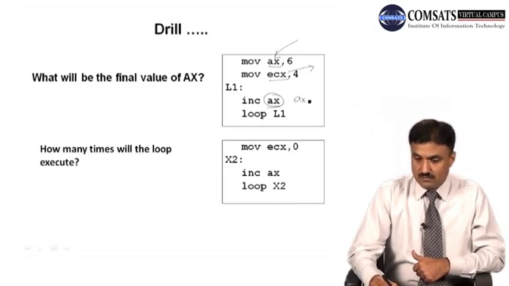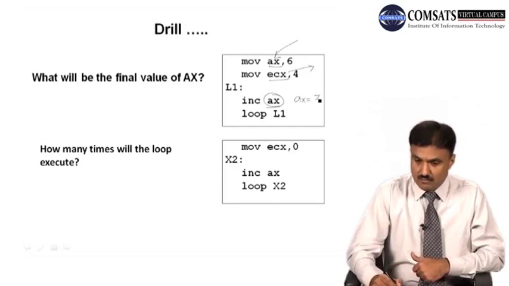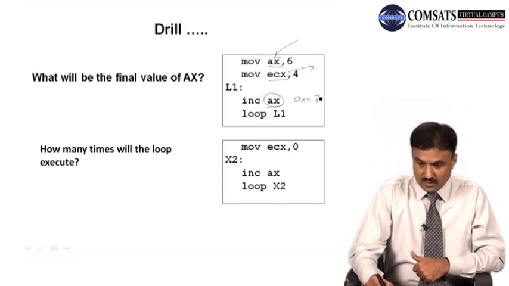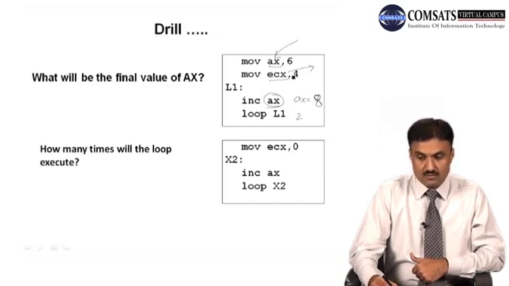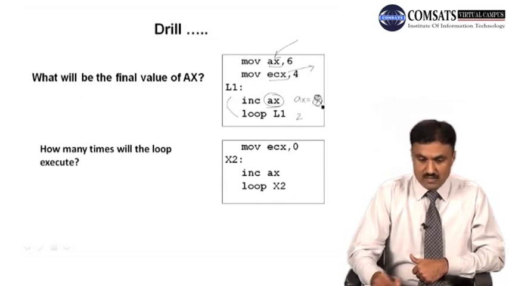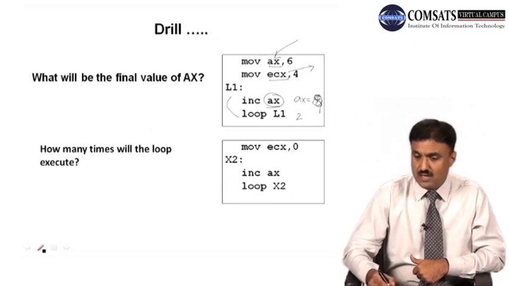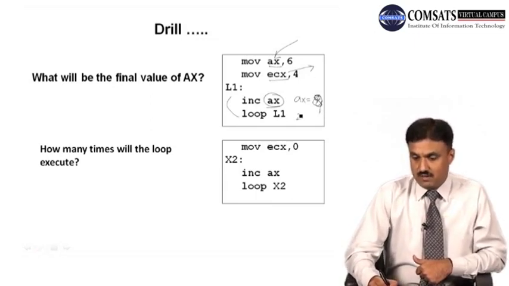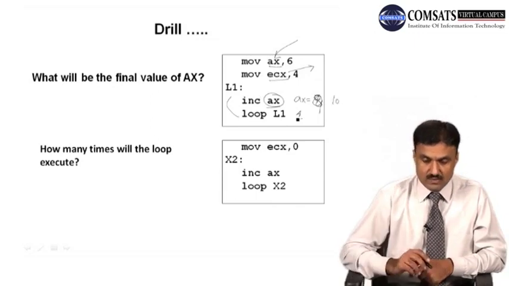So AX will initially become 7, for example, and we will decrement here and ECX will be 3, so we will jump again, then it will increment again, so it will be 8, and decrement again, so ECX will be 2. It will jump again and increment, so it will be 9, and so on, and ECX will be 1 again and it will jump again and AX will be 10, and so on, and then ECX will be 0.